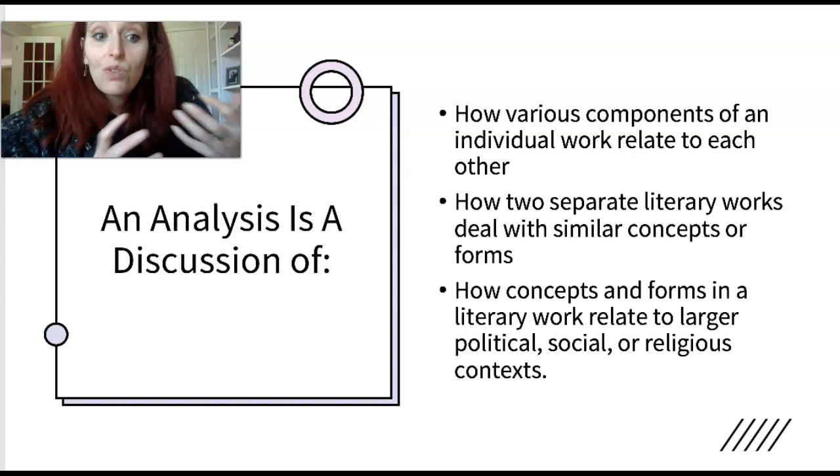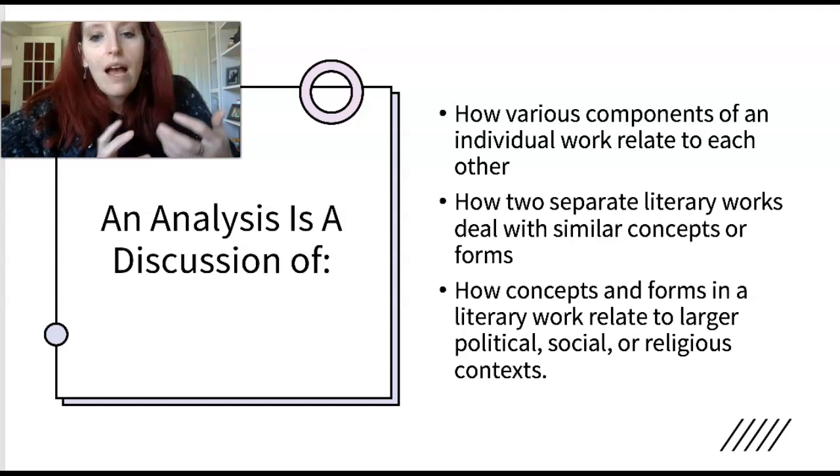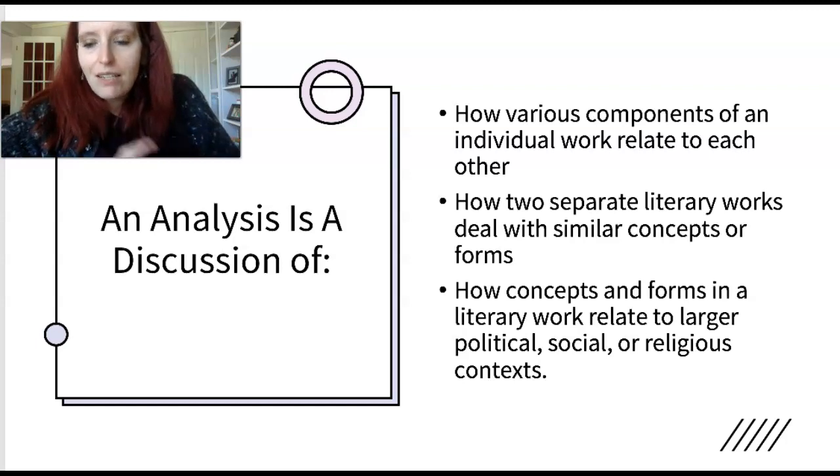You can look at two separate literary works and how they deal with similar concepts or forms. And ultimately, it's about how these concepts and forms in a literary work relate to larger social or religious political context.